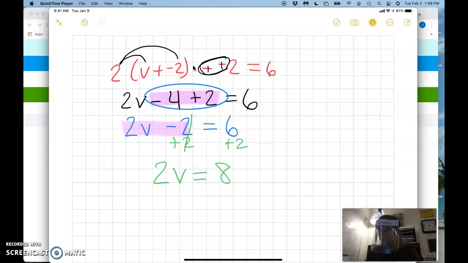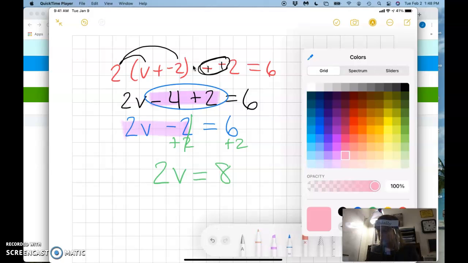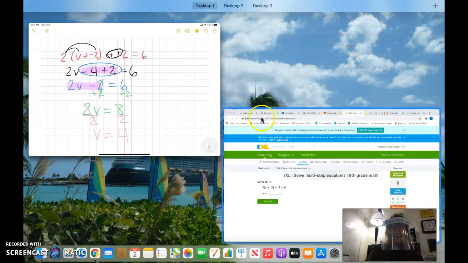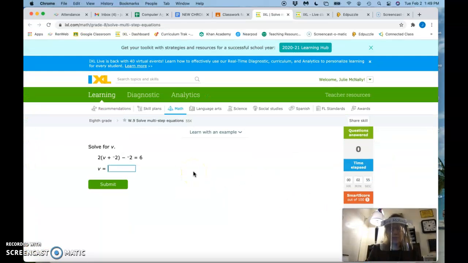Good. And then you put the 2 under 2v, so it'll be 2v over 2, 8 over 2, and then you cross out 2v over 2. 8 divided by 2 is 4. That was really good. She walked us right through that. Okay, so v equals 4.